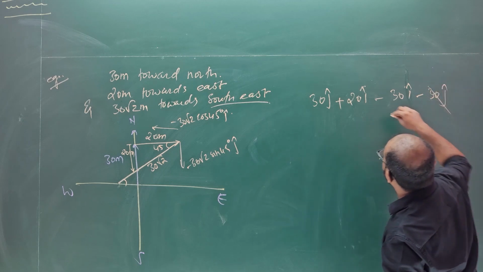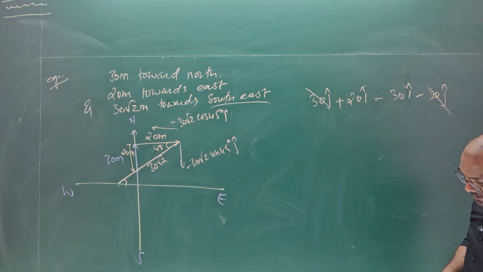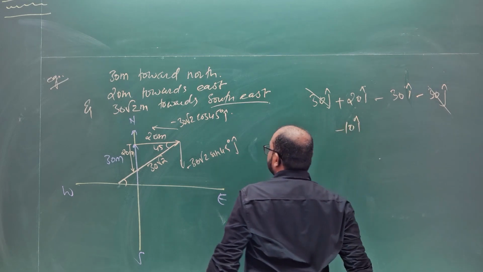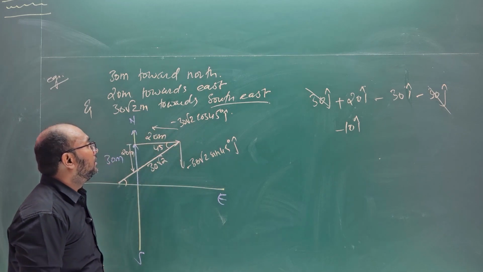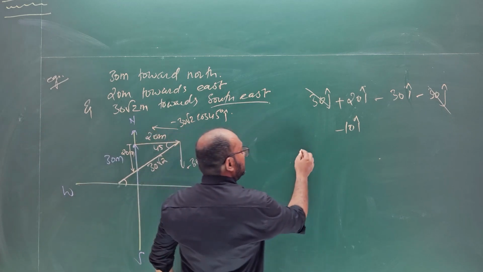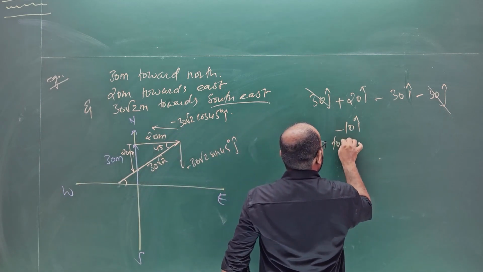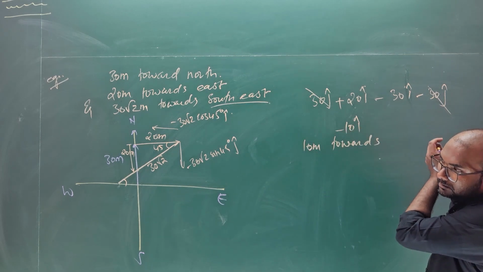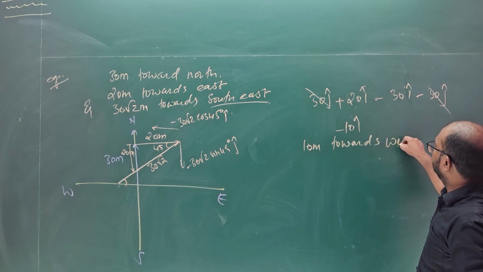So can I cancel this negative 30 j cap, this positive 30 j cap, and the answer will be minus 10 I cap. Minus 10 I cap means west. So 10 meters towards west.